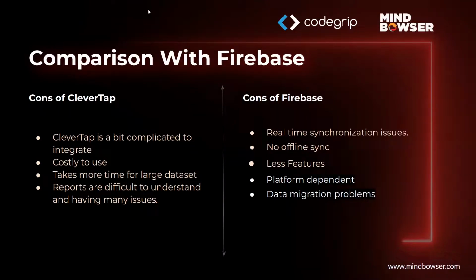Again, Firebase is platform dependent, so for iOS there is very minimal support available on Firebase. Then data migration problems. While generating the reports to transfer data from one form to another, there is a problem in Firebase data migration. Next slide.